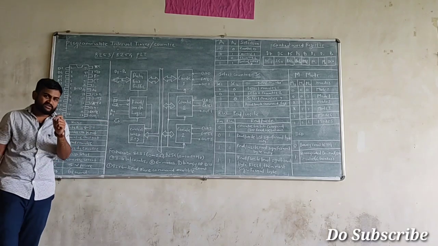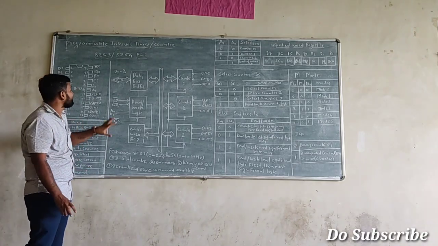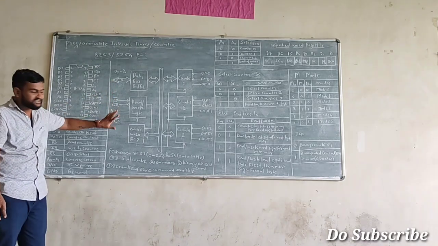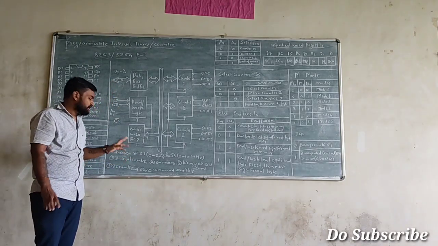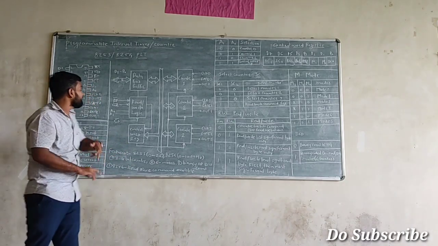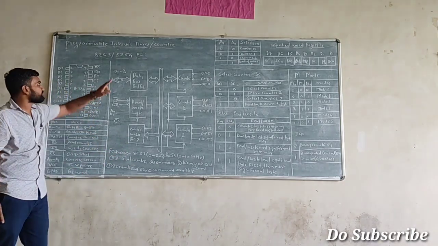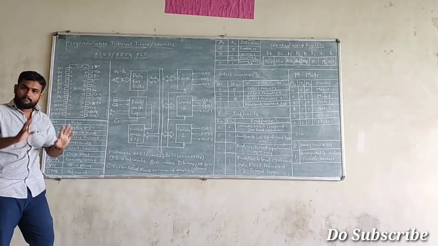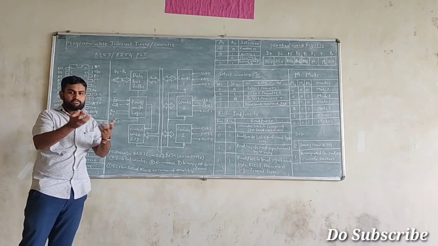Now we are going to discuss a few features of your PIT, that is, programmable interval timer counter IC. First we have the clock frequency. As we know, we have two different types of PIT available in the market, that is 8253 and 8254. Both work the same, but a little bit of difference is there.